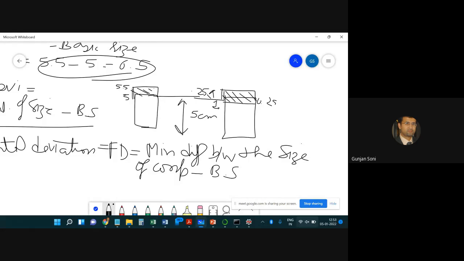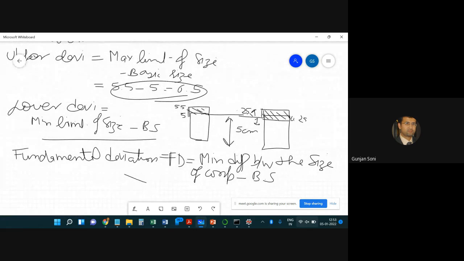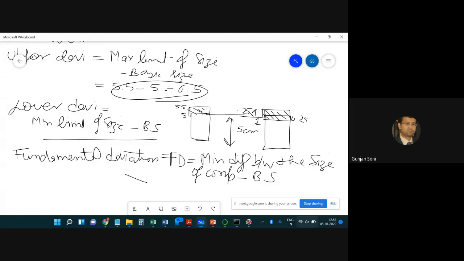So for a shaft, what will be the fundamental deviation? My question is, for a shaft, what will be the fundamental deviation, and for a hole, what is the fundamental deviation? I'll make the screen a bit smaller. Now you can see the complete screen.